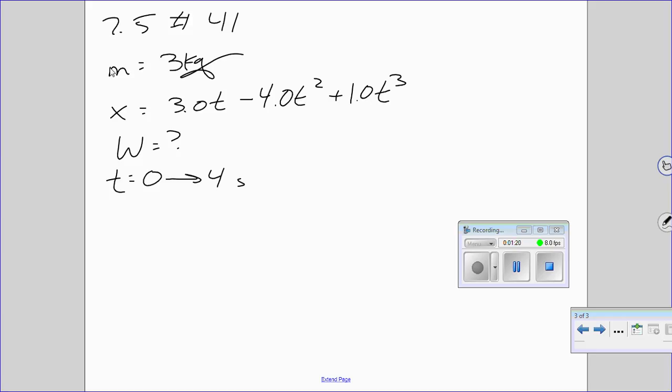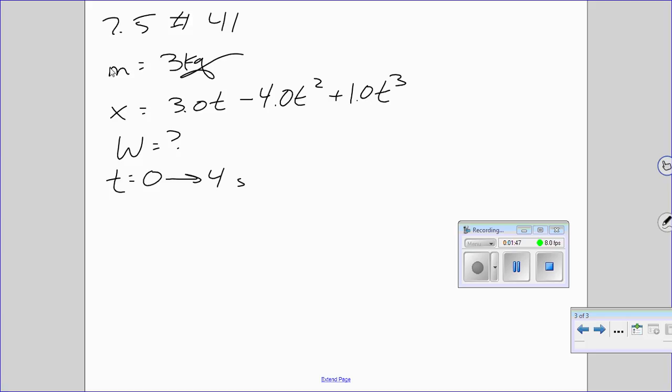That'll work, but it makes it super complicated. Your first derivative brings this down to t squared, so your velocity is proportional to t squared. Your second derivative brings this down to t, so your acceleration is proportional to t.